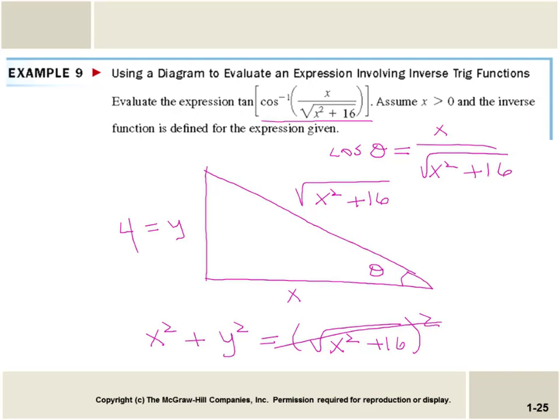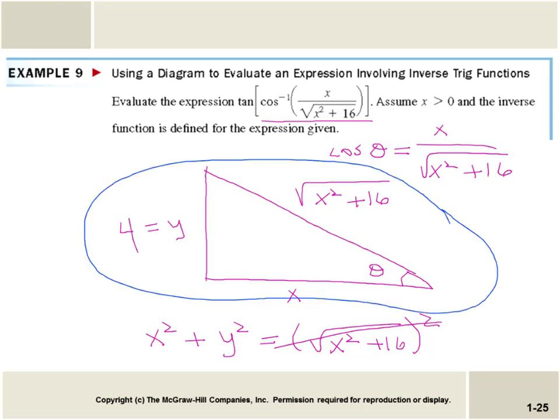So now we have, here, let me circle our triangle. It looks kind of like it got lost here. Here's our triangle, right? So what's the tangent of this triangle? Lauren?